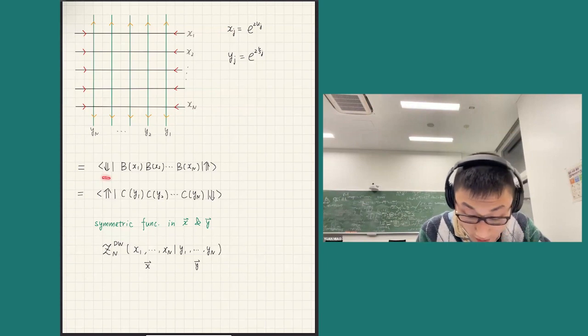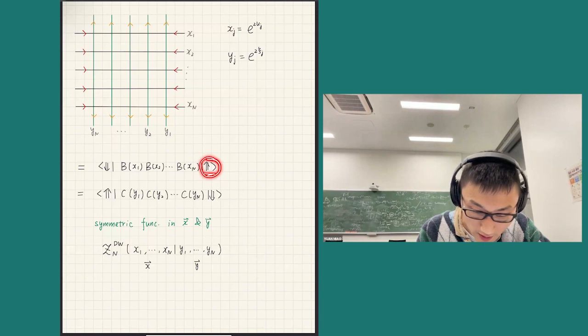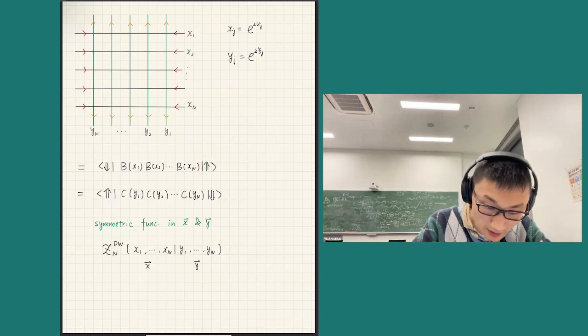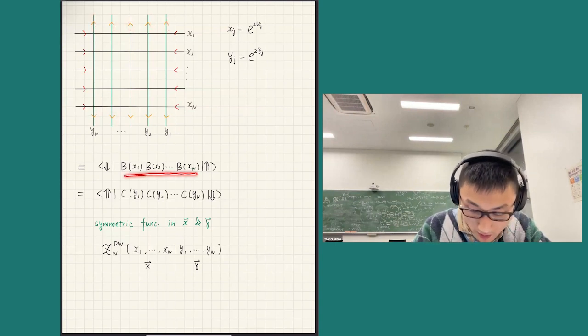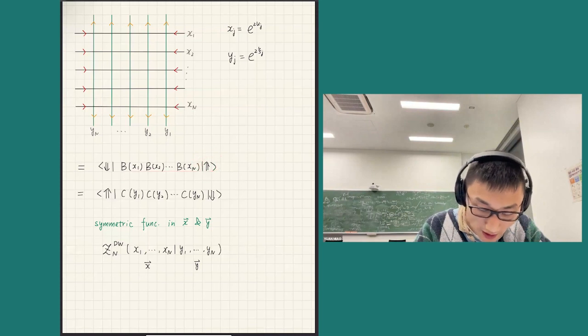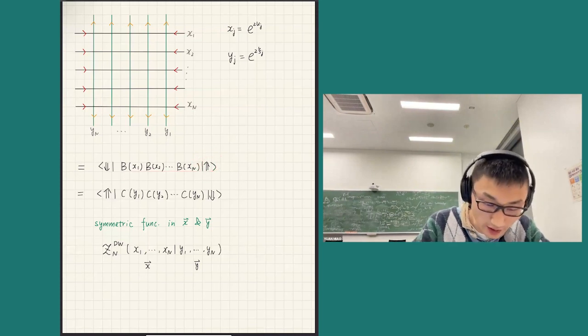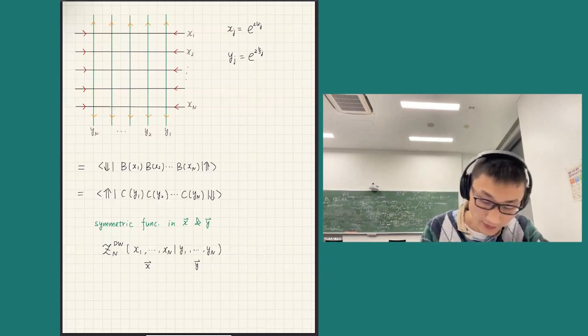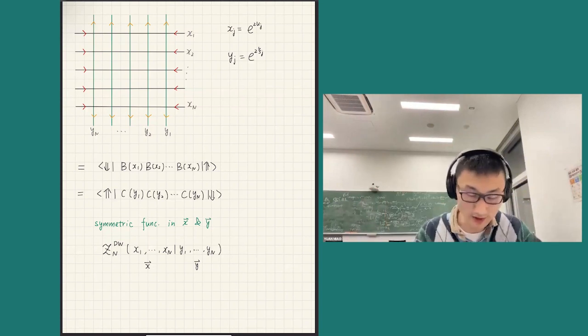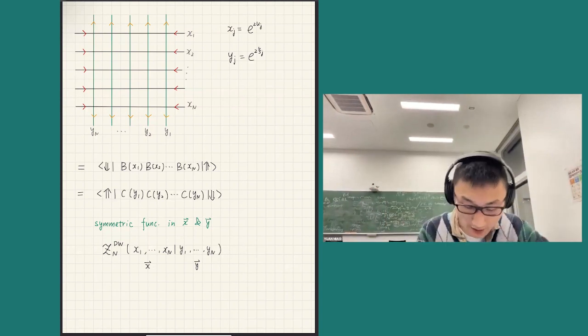And in the ABCD language that I showed you before, this is nothing but an overlap between two states. So for example, here is a spin up, and then here a spin down, and then acting with this B operator on this spin up. Or equivalently, if you think about it from the left to the right, essentially rotate this partition function by 90 degrees.